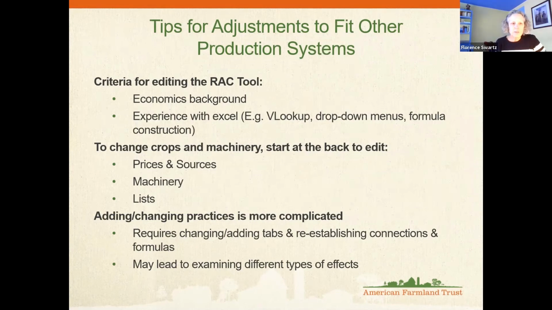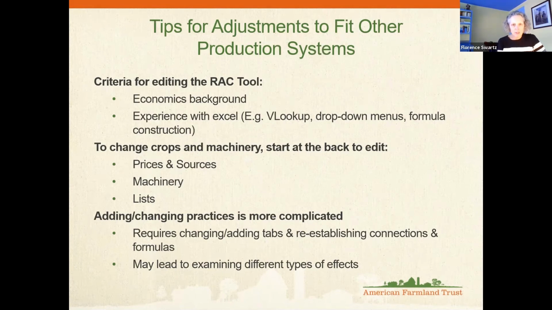Before you get into doing that, I showed you a couple formulas as we went through Dan Hall's example, and you need to bear in mind it's pretty complicated, and it is really, I think, important to have somebody with an economics background looking over your shoulder to make sure that everything makes sense and you're not getting caught up in double counting or other errors. You know, maybe things aren't on the same basis per acre per year.